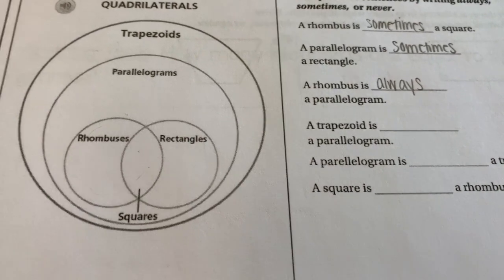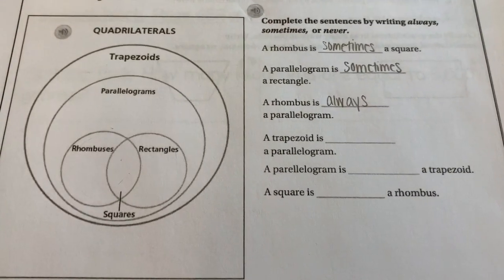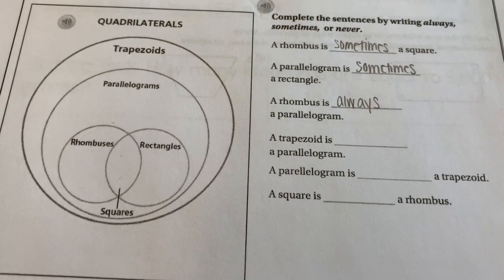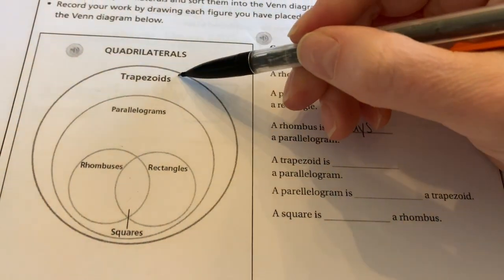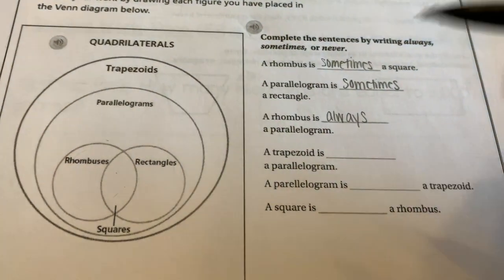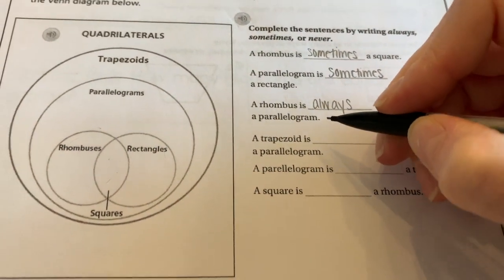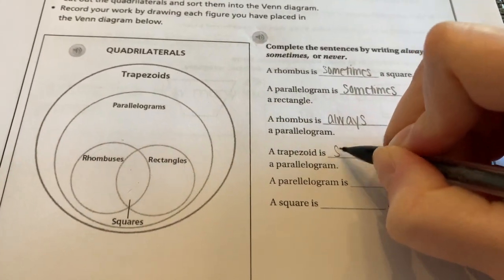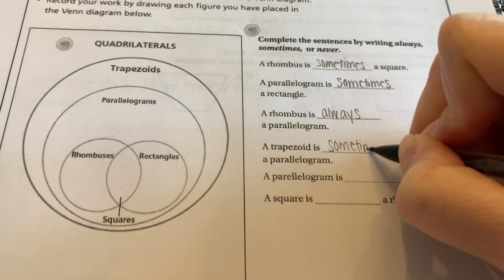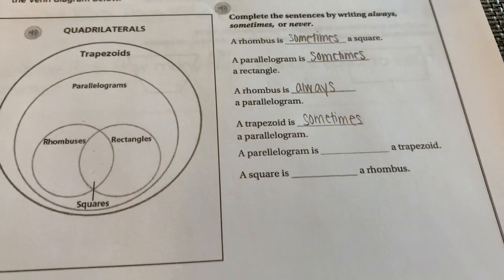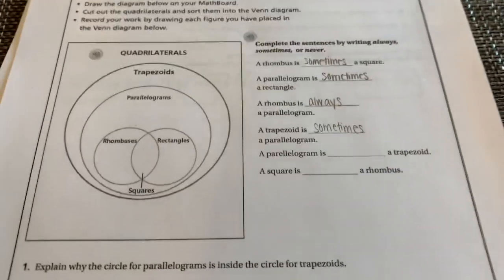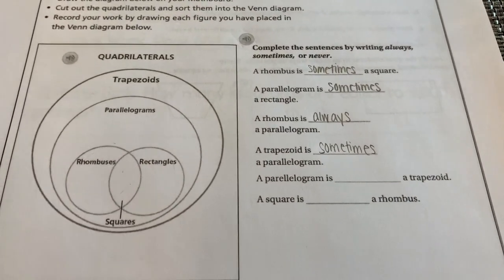A trapezoid is blank a parallelogram, and that's going to be sometimes. Trapezoids encompass almost everything else. So a trapezoid is sometimes a parallelogram because it doesn't always have opposite sides equal, and it doesn't have both opposite sides parallel, only one.